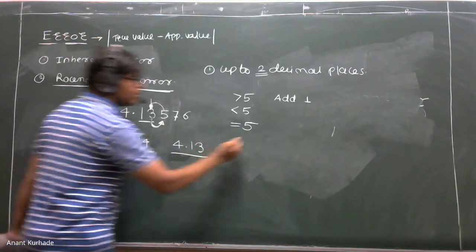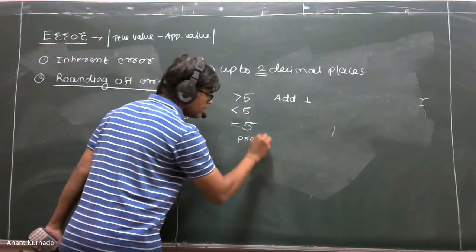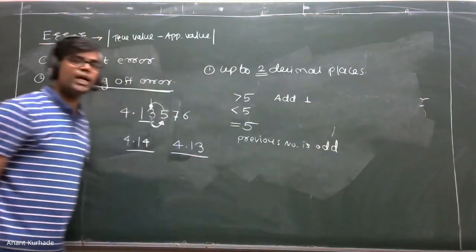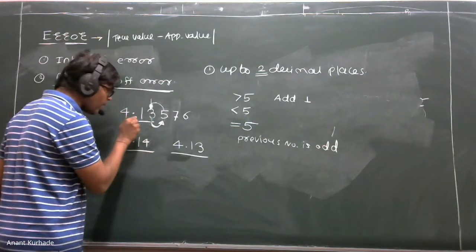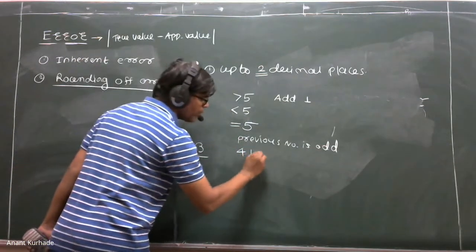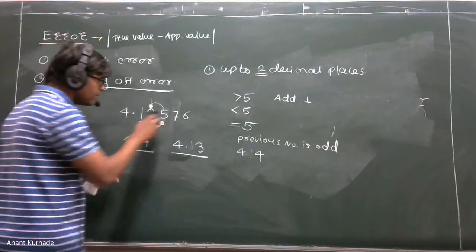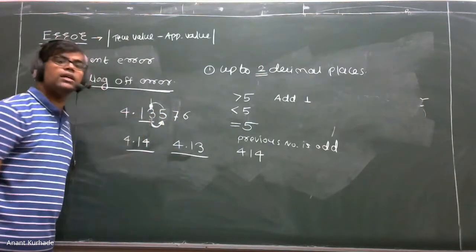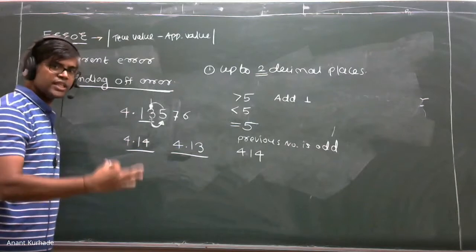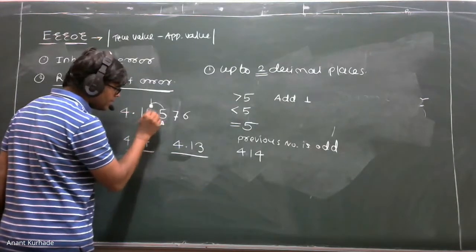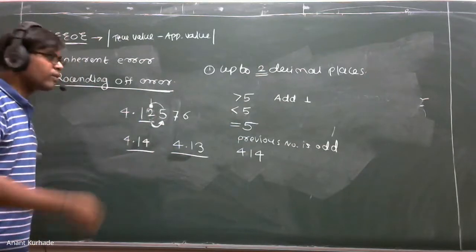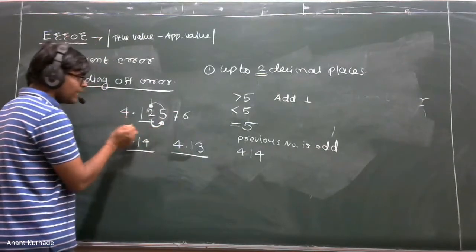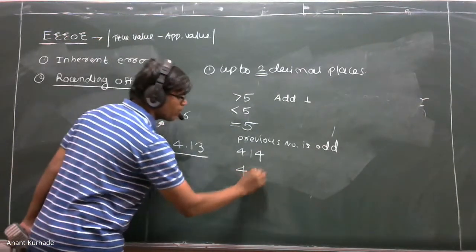If the previous number is odd, add 1, so your answer would be 4.14. If the previous number is even, and you can consider 0 also, like 2, 0, 4, 6, 8, then keep it as it is. Your answer will be 4.12.